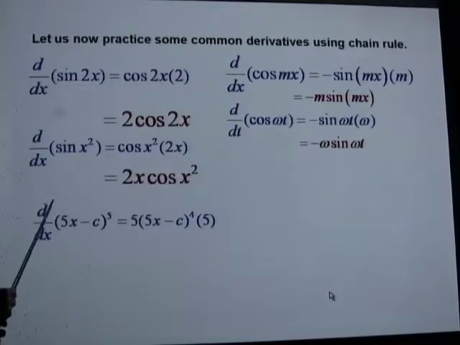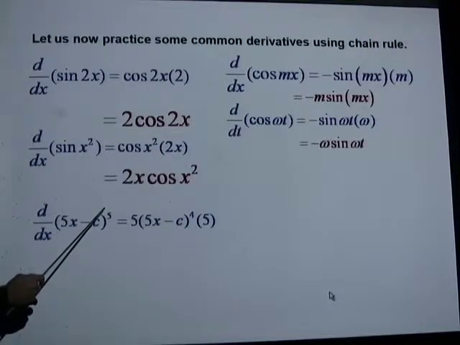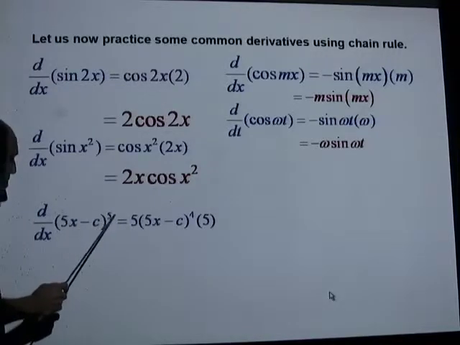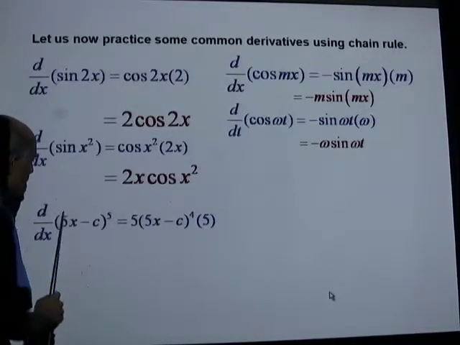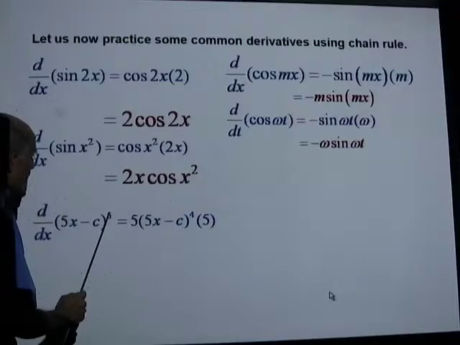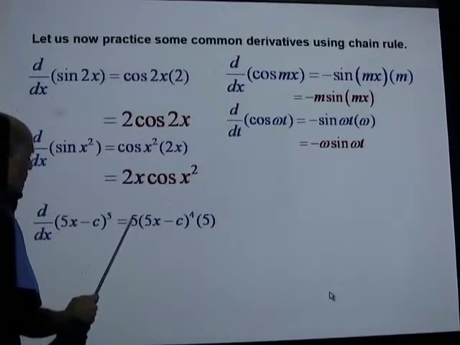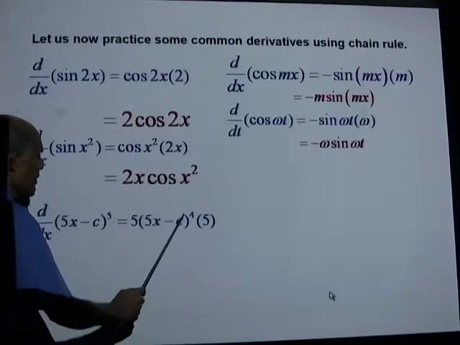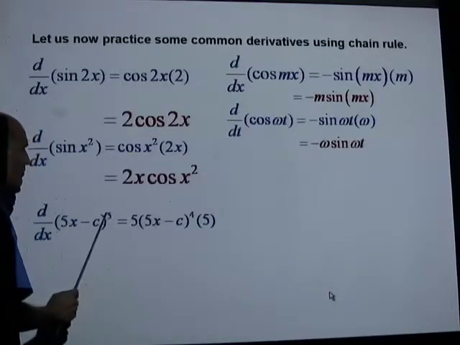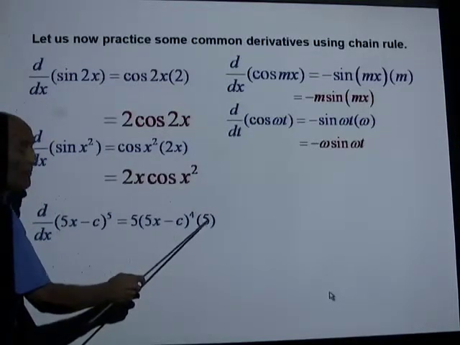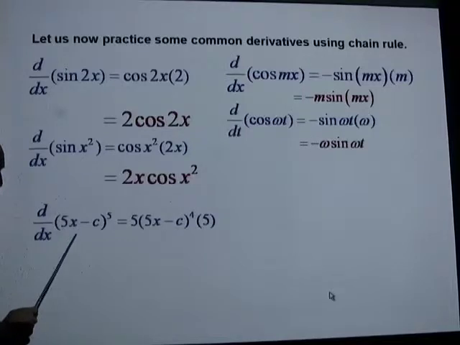How about this? Derivative of 5x minus c all to the power of 5. Now here we have the quantity raised to the power of 5. So that will be 5 times the quantity raised to the power of 5 minus 1 multiplied by the derivative of that quantity, derivative of 5x minus c.